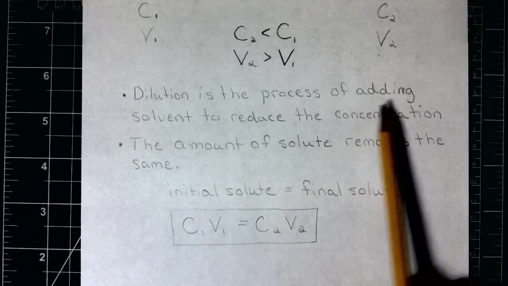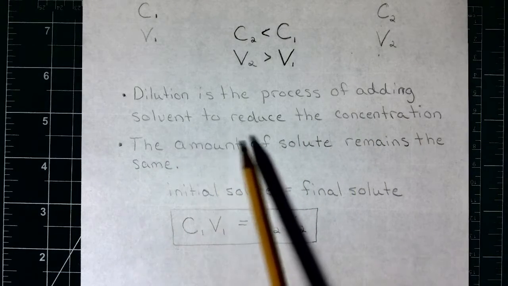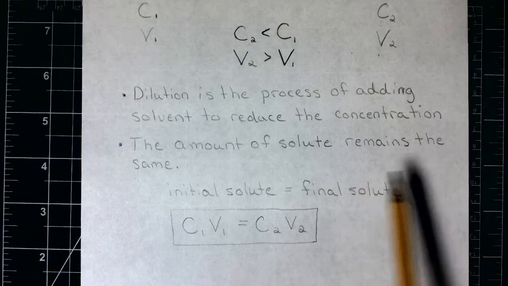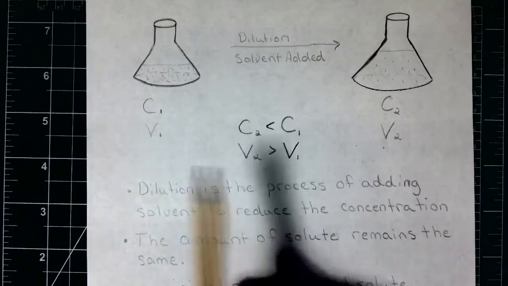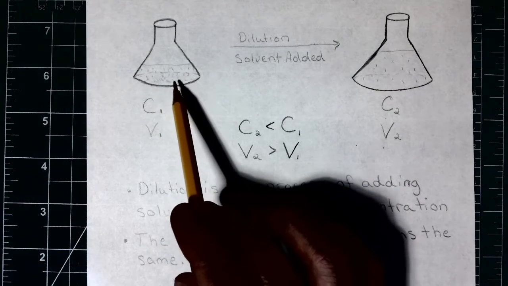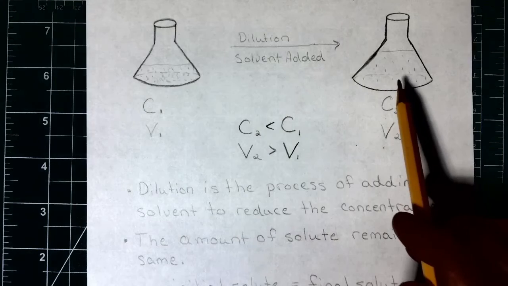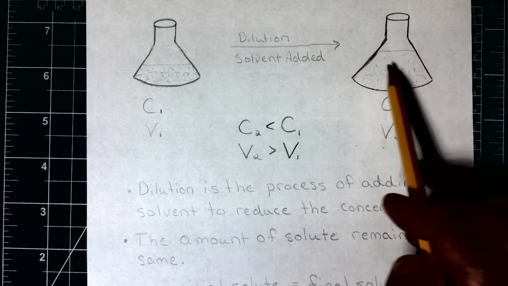Dilution is the process of adding solvent to reduce the concentration, and the amount of solute that remains is going to be the same. So whatever solute we take out with our little portion is going to be the same amount of solute that gets spread around in the bulk of our final solution.